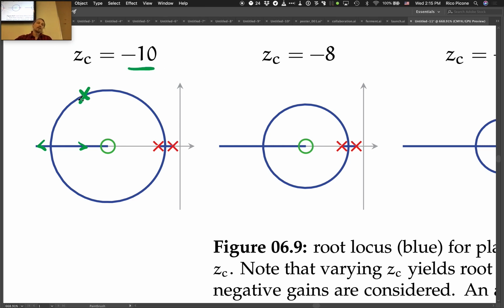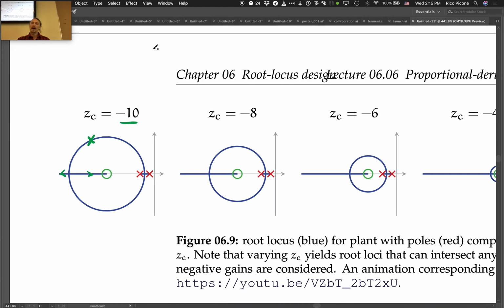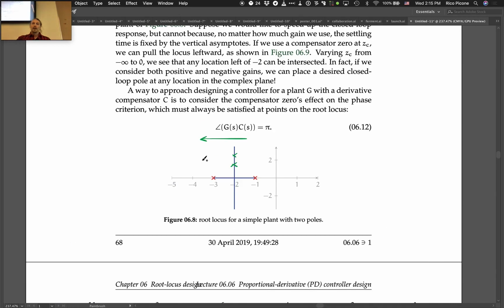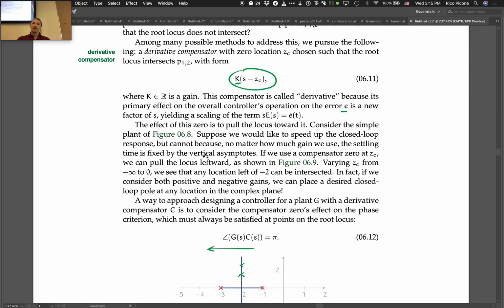I mean, in this case, I drew it on the locus at -10, so that would be -10. But another solution for ZC might be required. So that's what we're going to do in this lecture. We're going to derive an expression that always gets us that location, gets locus going through that location. Okay, so very good.